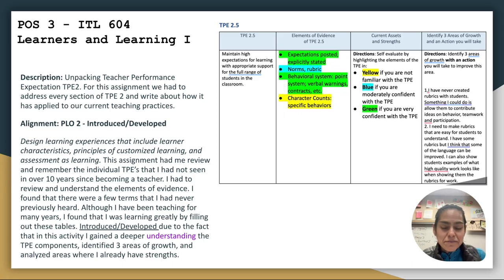Some were new and some I hadn't used before. But in this activity, I gained a deeper understanding of the TPE components, and I identified 3 areas of growth, and I also analyzed where I myself have strengths.